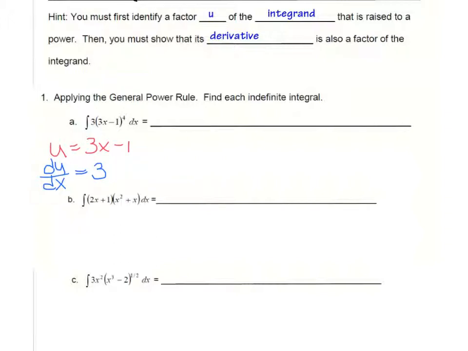In this problem, I'm going to rewrite the integral. And then instead of 3x minus 1 to the 4th here, I'm going to make that u to the 4th. And then we're left with 3 dx. So I'm going to come to the derivative part here, and I want to match 3 dx with something from this. So if I multiply both sides by dx, we get that du is 3 dx. So now we can substitute in for this part.